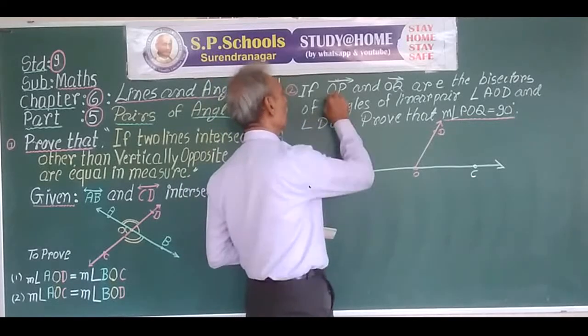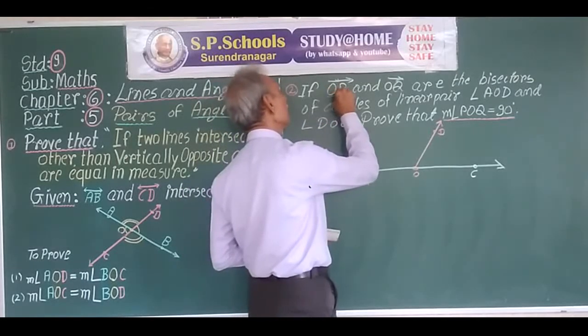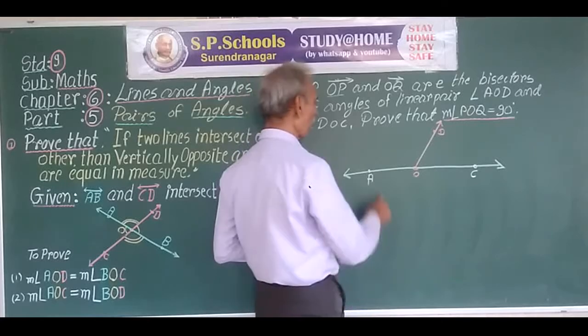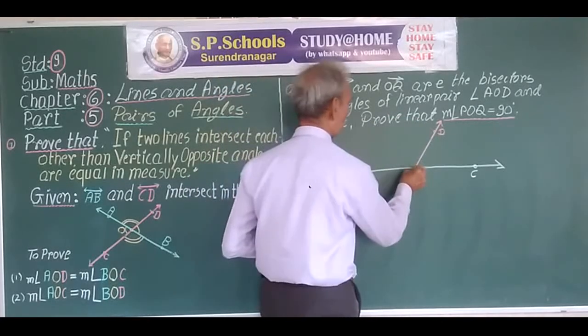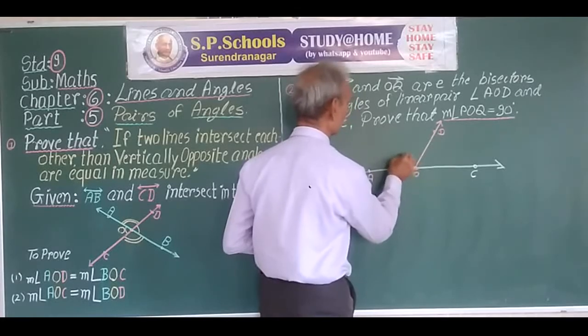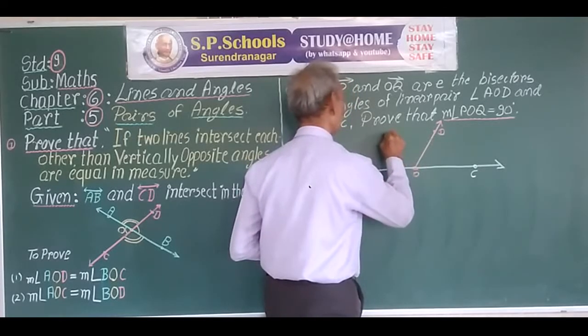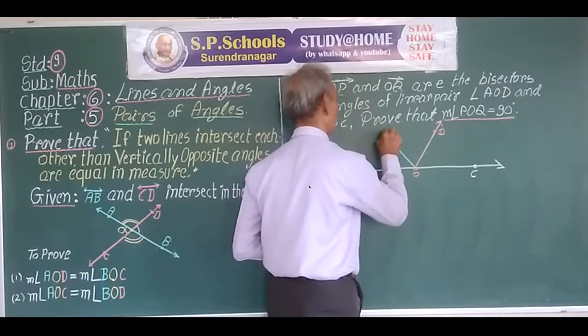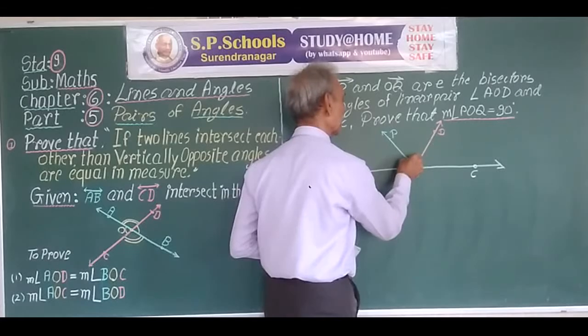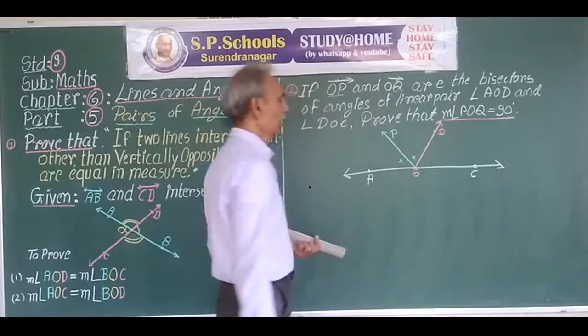Now, OP is the bisector of angle AOD. The bisector makes two angles equal here. Let us take a point P here. So these two angles are the same in measure.